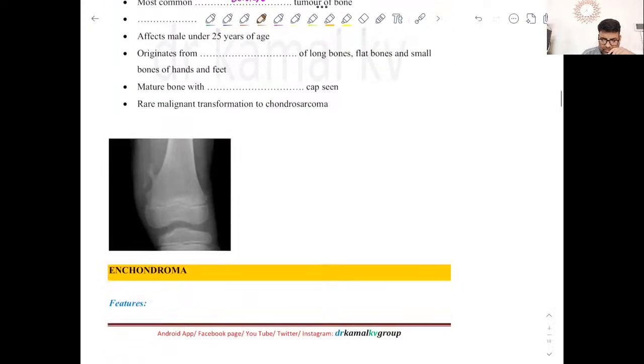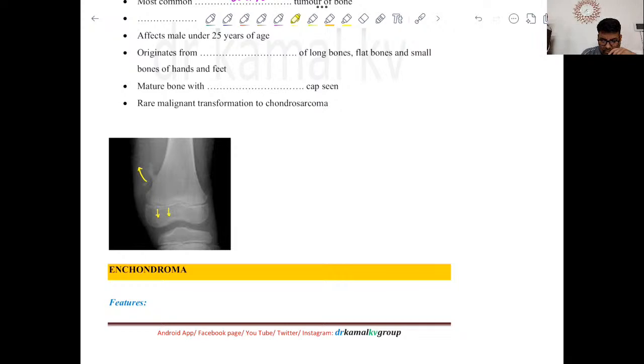Now what happens? This tumor grows in size till there is growth at physis or growth plate. So this black line is physis. Okay, so this is physis.